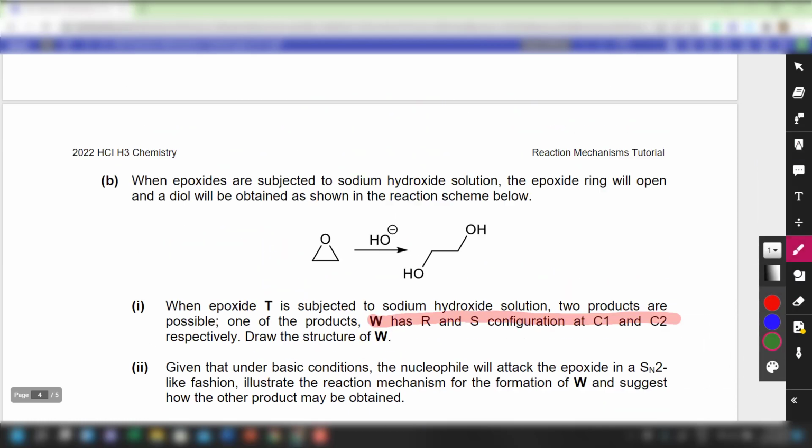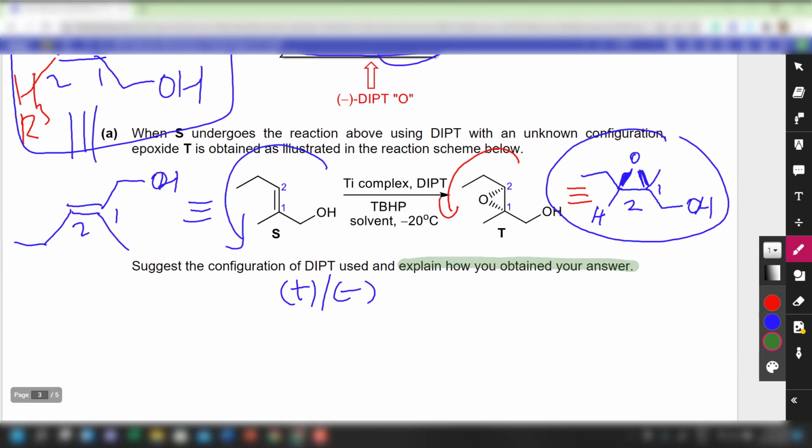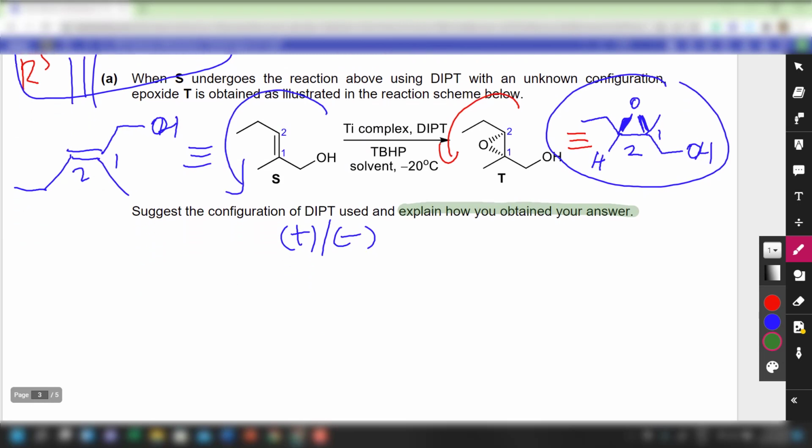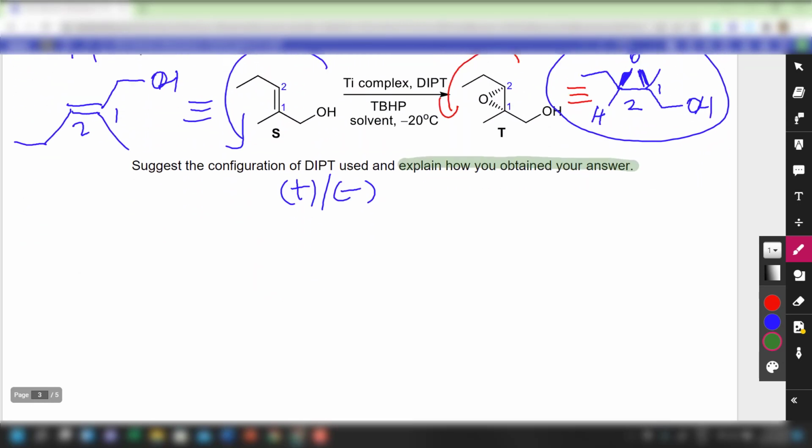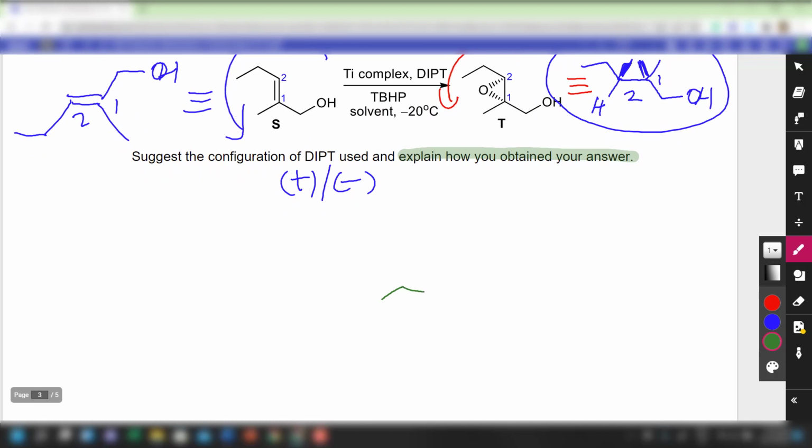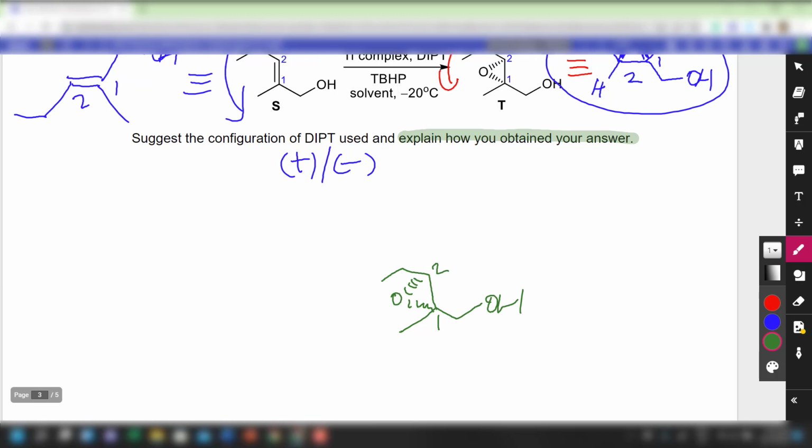Now the first thing we need to do is to redraw T. If I'm going to draw T, it will actually look like this, projecting inwards like this. One common mistake which most students make is that they tend to draw the mechanism directly following what we have drawn for you.